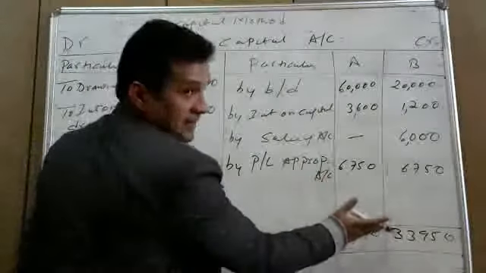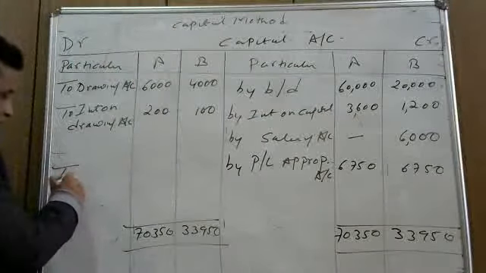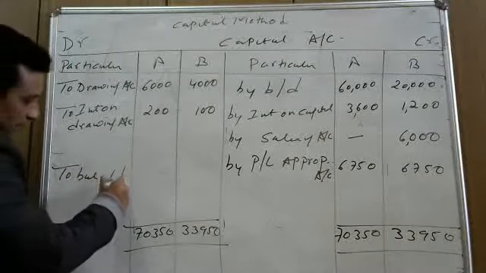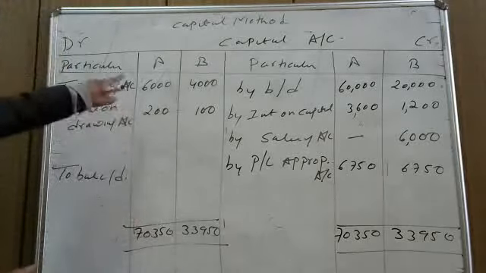Now, total of credit side minus total of debit side, we get the closing balance to balance c/d. This is the closing balance of total capital account under fluctuating method.